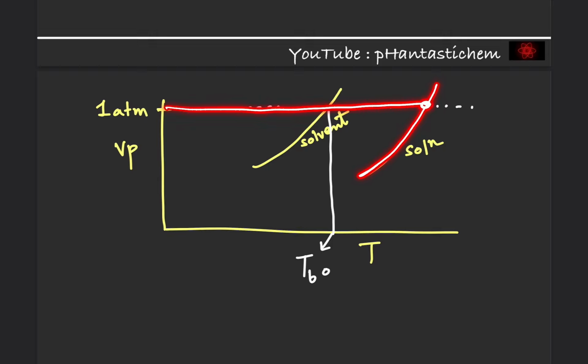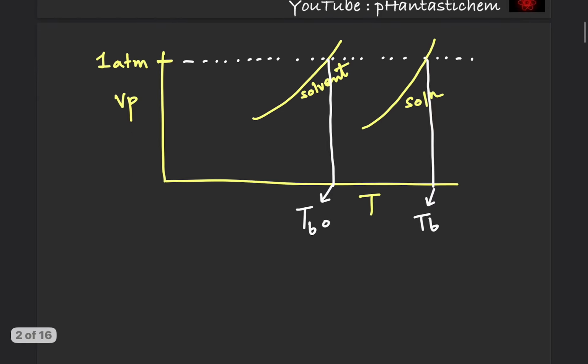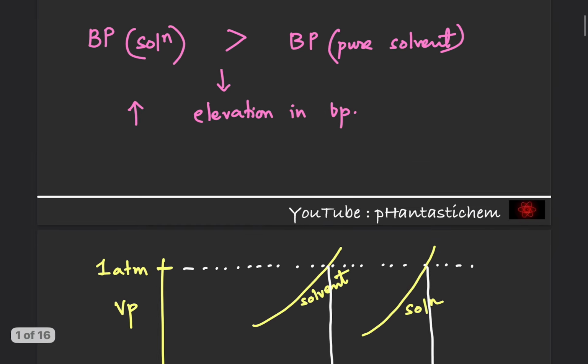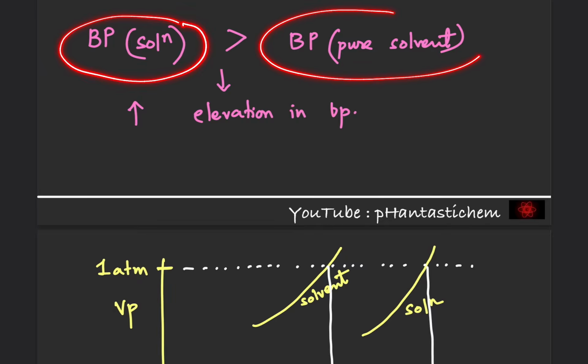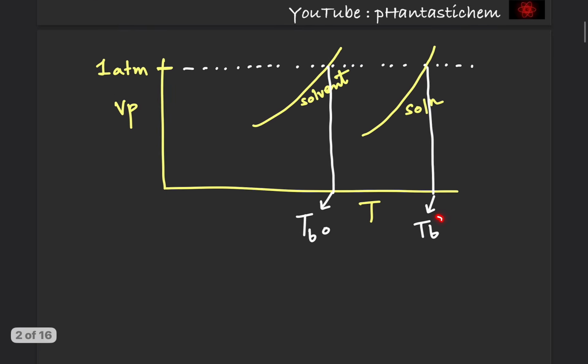For the solution at this particular temperature the vapor pressure is equal to 1 atmosphere, so this is the boiling point of the solution. Let us represent that by TB. As I mentioned already, boiling point of solution is more than boiling point of solvent, so TB is more than TB naught.